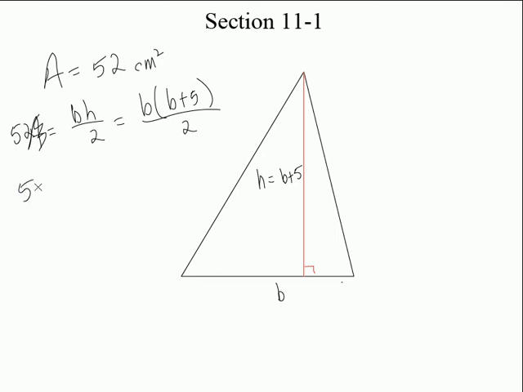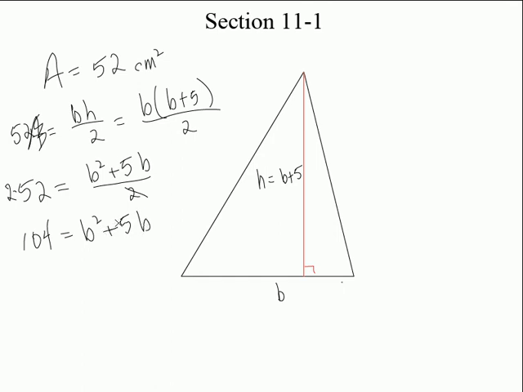Now let's clean it up. It looks a little ugly right now. So it's 52 equals, what can you do here? Yeah, you can go b squared plus 5b over 2. What do you do with this? Get rid of the 2, right? How do you get rid of the 2? Multiply it by 2. So you multiply that by 2 as well. What's that? 104 equals b squared plus 5b.